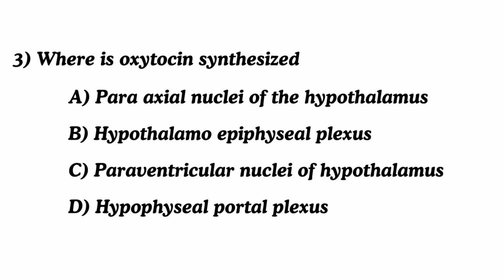Third question: where is oxytocin synthesized? Options are option A para-axial nuclei of the hypothalamus, option B hypothalamo-epiphyseal plexus, option C paraventricular nuclei of hypothalamus, option D hypophyseal portal plexus.